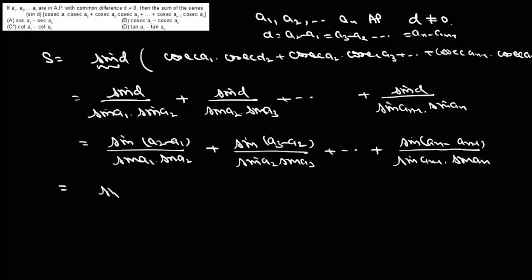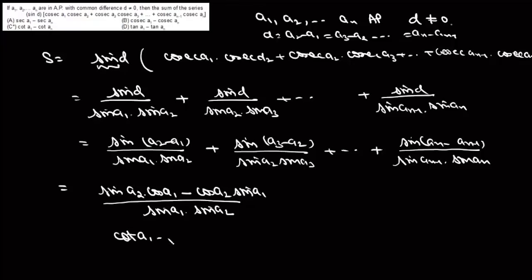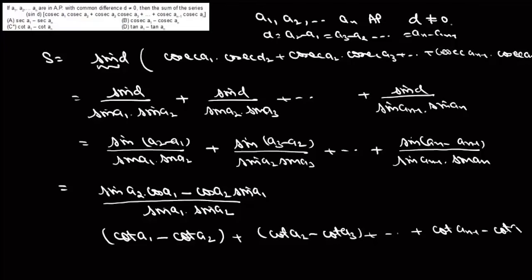So we can write this as sin a2 cos a1 minus cos a2 sin a1 upon sin a1 sin a2. Now we split them: sin a2 will cancel, so it will be cot a1 minus, and in the second one sin a1 will cancel, so there will be cot a2. So this first one will be cot a1 minus cot a2, the second one will be cot a2 minus cot a3, and here will be cot a n minus 1 minus cot an.